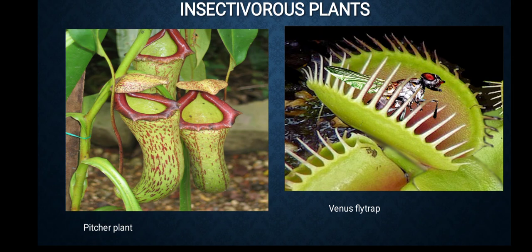In the pitcher plant, students, the leaf is modified to form a pitcher-like structure. The pitchers are attractive and brightly colored. And why are they attractive and brightly colored? Because they attract insects. When an insect sits on the pitcher, the lid closes and the insect is trapped inside the pitcher.